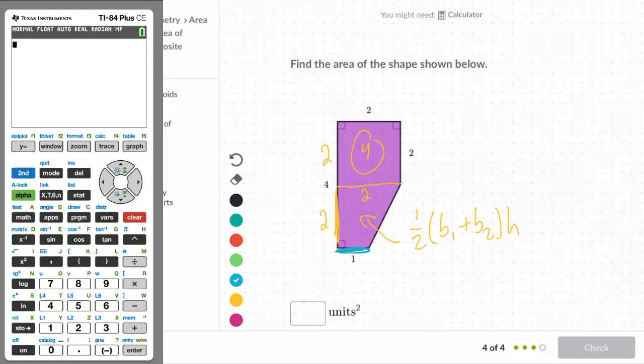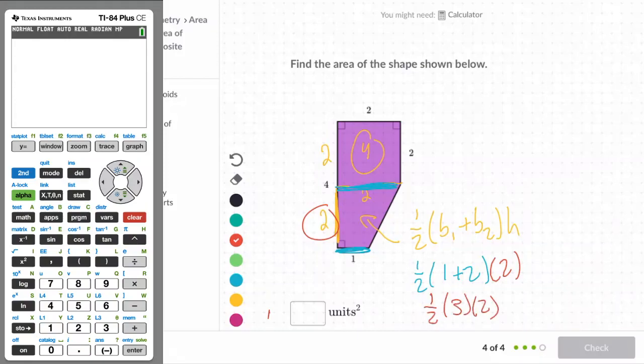You should have 1 as one base and 2 as the other base. So this is going to be 1/2 times 1 plus 2 times the height, which is over here, which is 2. So that'll be 1/2 times 3 times 2, which is 1/2 of 6, so that should be 3. So if I take this 4 and 3 and add them together, I get 7.